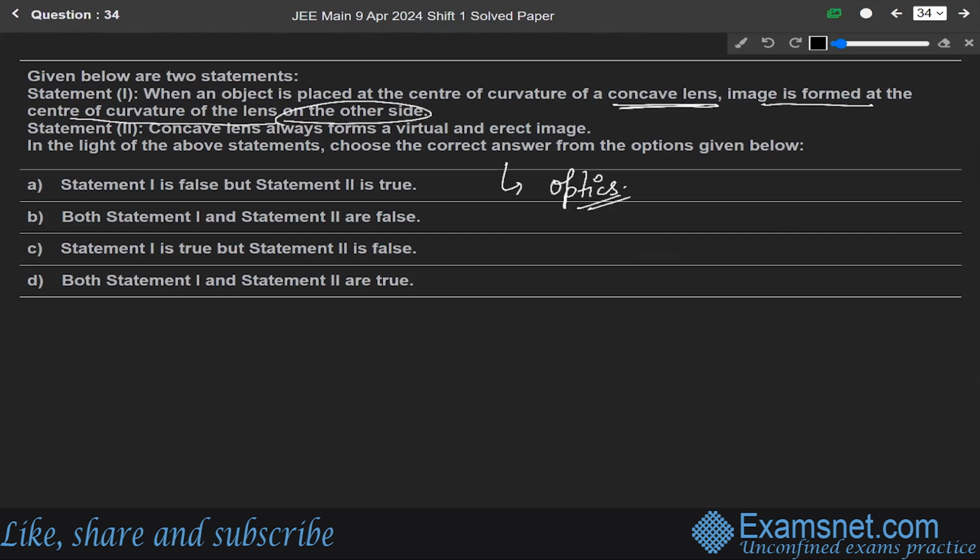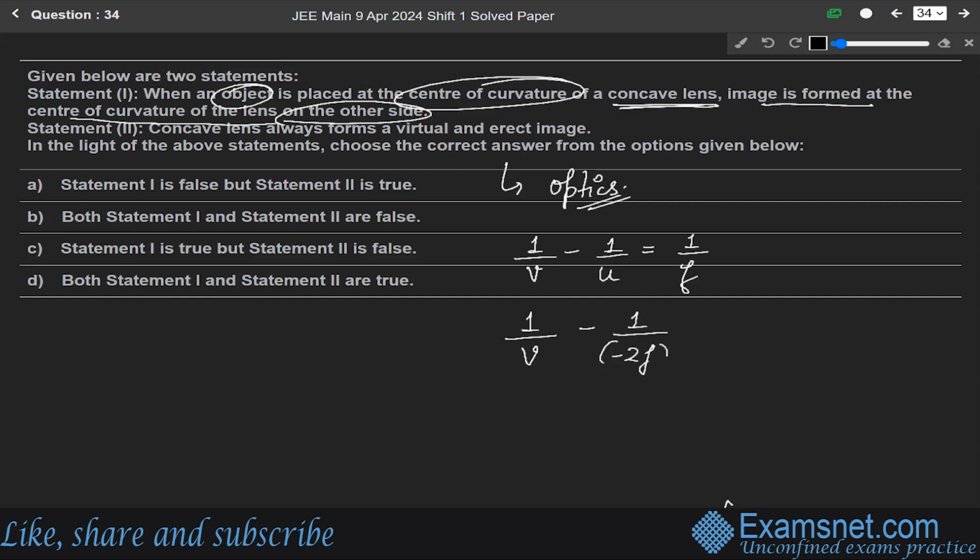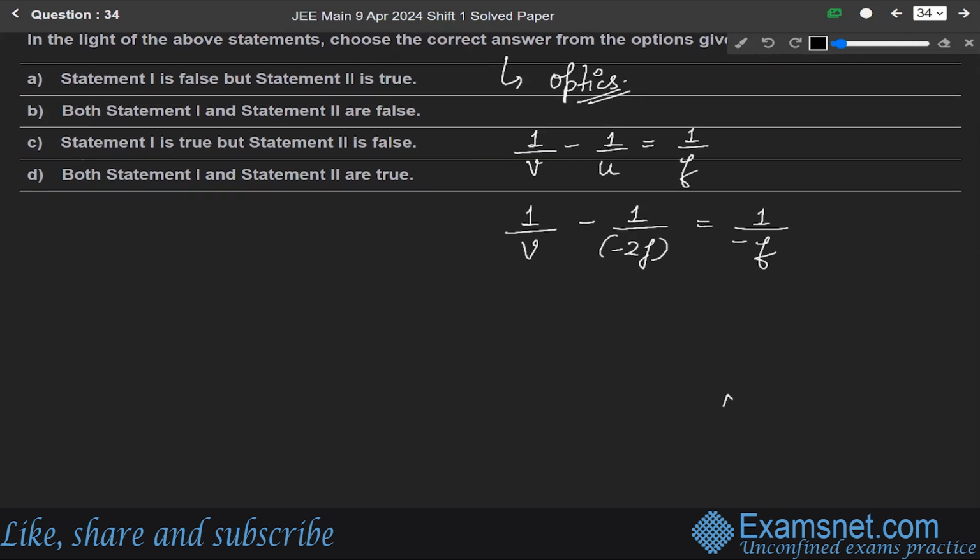So first of all, we know that the formula is 1 over V minus 1 over U equals 1 over F. If the object is placed at the center of curvature, in place of U we will write minus 2F. So it will be 1 over minus F. So 1 over V equals 1 over minus F.